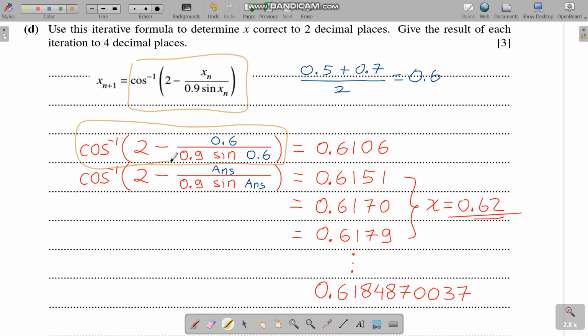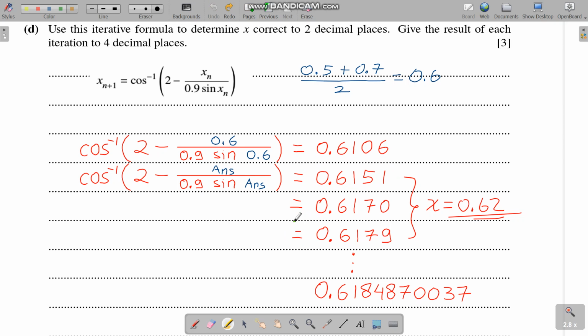We replace x with the initial value 0.6, use a calculator in radians, we get this, and we go back. Don't clear everything, just press the left button, go back, replace the 0.6 with the answer button, and hit the equal symbol again. We have this number now, and from there on just press equal again, and so on.